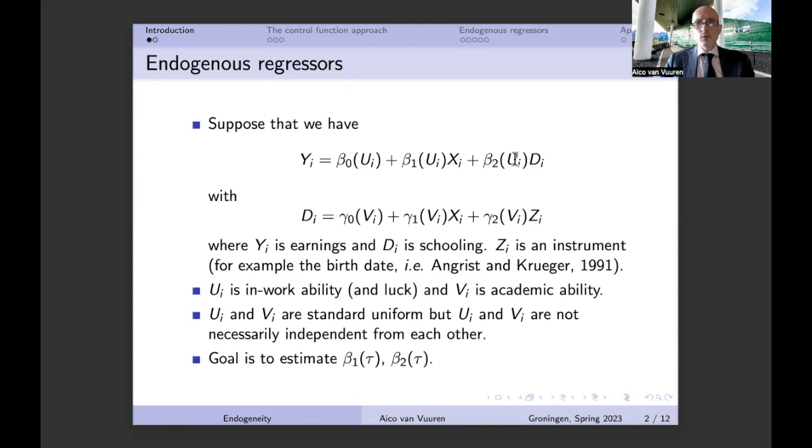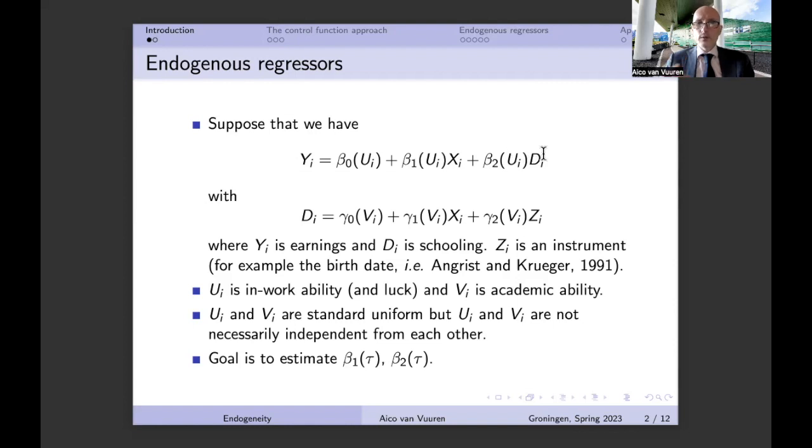This dependence goes through the vi, because u and v are correlated to each other. And because d and v are also correlated, simply because v enters into the equation of d, we know that u and d should also be correlated.